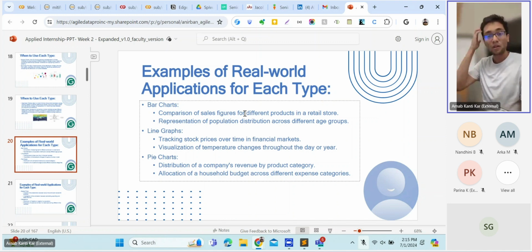Line graphs we saw with respect to our GDP example and our inflation example, where we tracked the GDP and inflation over time. Temperature anomaly, temperature variations as well we can track, right? I have heard from my mom and dad, who are in Kolkata, that it has been a heck of a summer, and that sort of stuff you can plot.